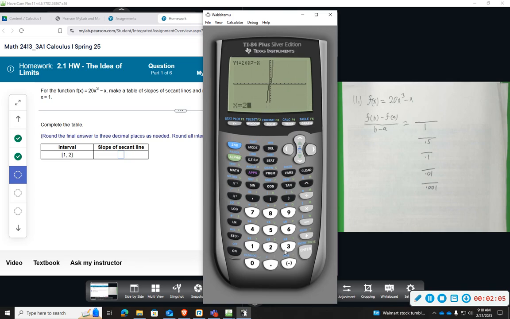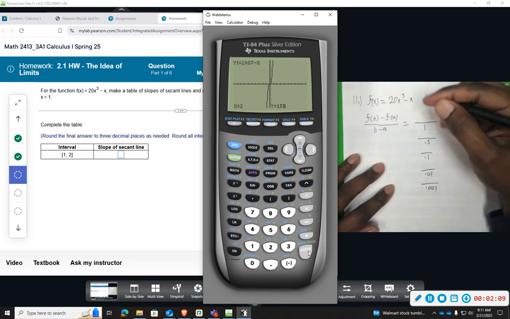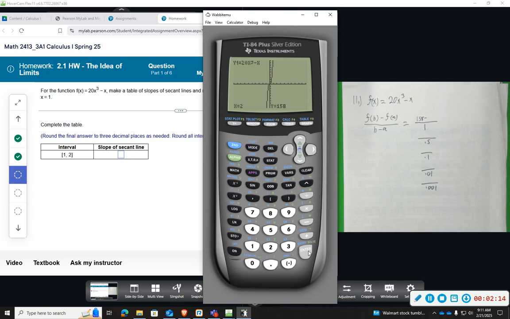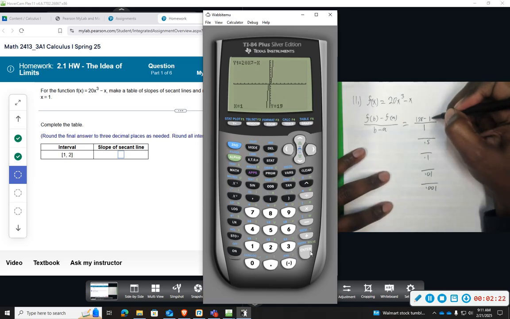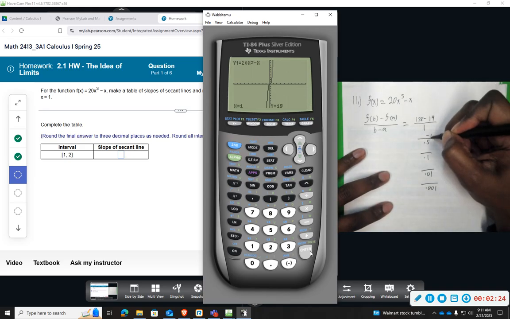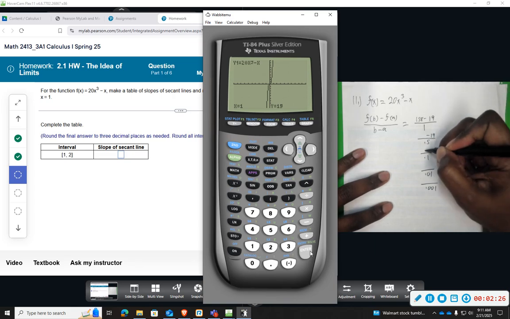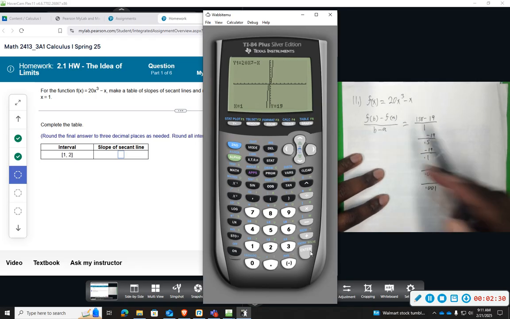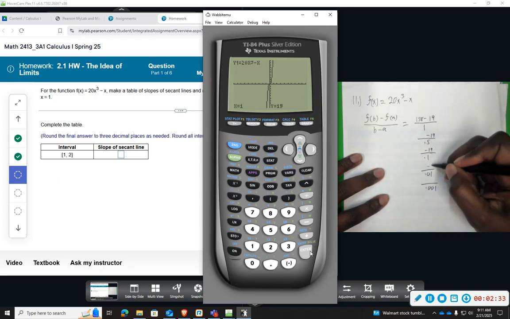So the y value at 2 is 158, minus the y value at 1 is 19, and that also tells me that I'm going to be subtracting 19 every time, because usually we're approaching the smaller value. So in this case it will be 1, so we're starting from 2 and working closer to 1.